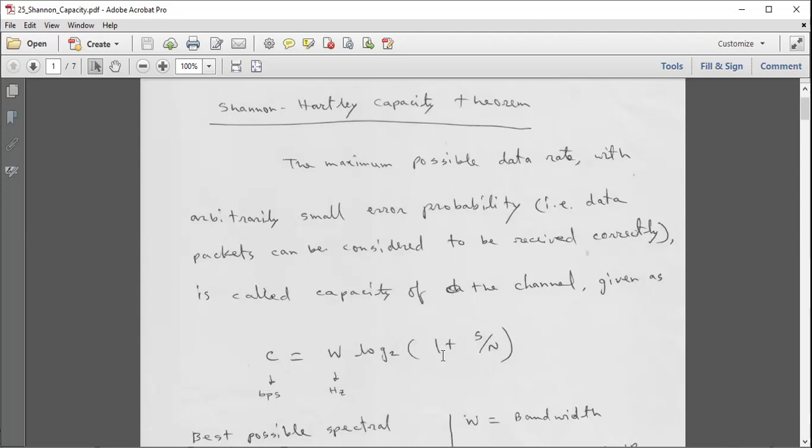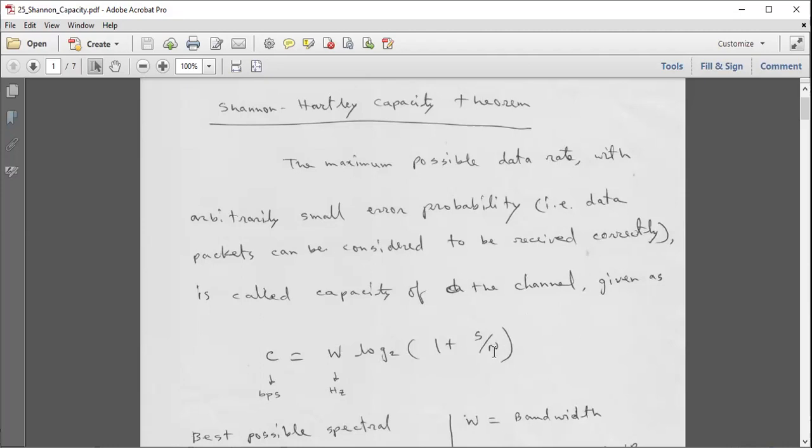And then log 2 of 1 plus S by N. This S by N indicates your signal to noise ratio, where the numerator is the signal strength of your desired signal at the receiver, and the denominator is the signal strength within the same spectrum of any undesired signal you have.